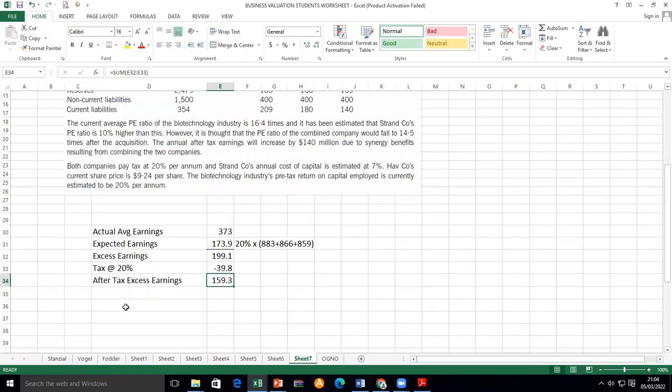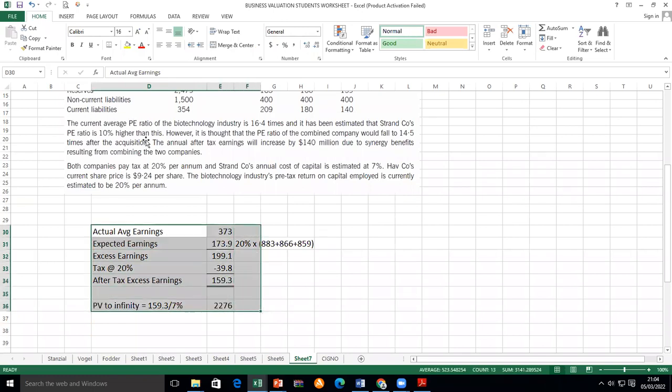And lastly, the present value to infinity equals... okay, so this is what we calculated, isn't it? This is what we calculated.